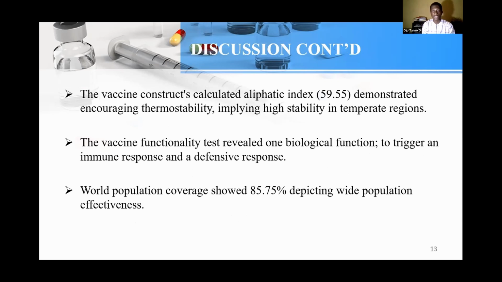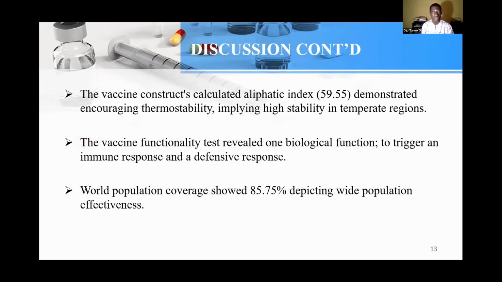Now, the vaccine construct, as also said, presented an aliphatic index of 59.55, which is encouraging, as the vaccine construct will be thermostable in any temperature region. We also performed a biological function test on the vaccine to see whether it would present another biological mechanism of action.